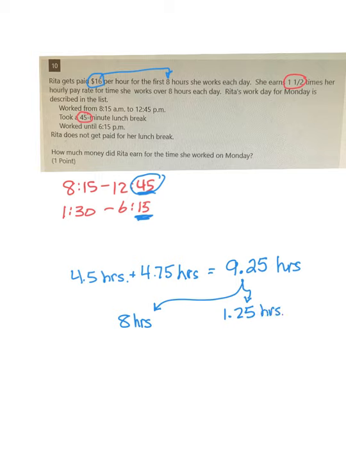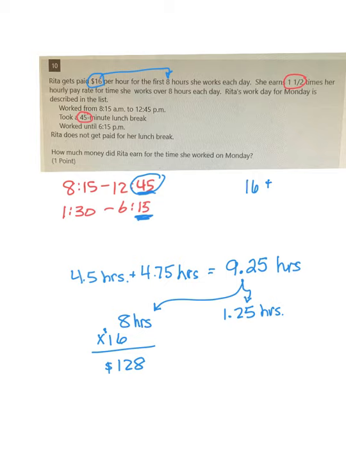So this is perfect, right? The first 8 hours, she makes $16 an hour. So we're going to multiply to figure out how much money she made for her regular 8-hour shift. That's $128. So now, time and a half. That means her regular hours, that's 16, plus half more.